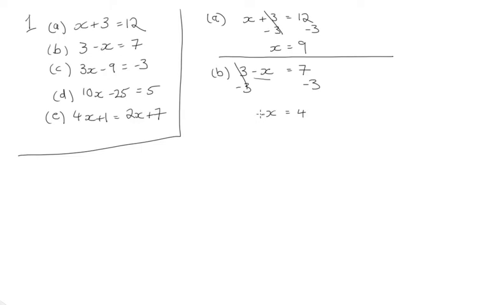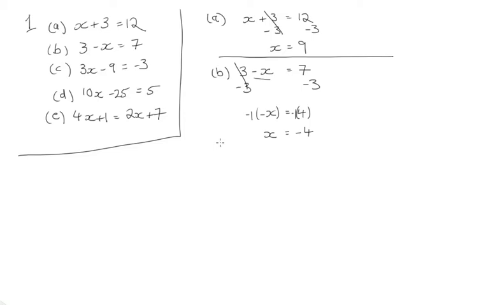So if I multiply both sides by minus 1, so what I'll do is I'll just put a bracket here and a bracket here, and I'm going to multiply both sides by minus 1. Okay? Minus 1 multiplied by minus x. 1 by x is x, and then minus by minus is a plus, so that becomes a plus x, and then a minus 1 multiplied by 4. 4 by 1 is 4, and a minus by a plus is a minus. So it's x is equal to minus 4.